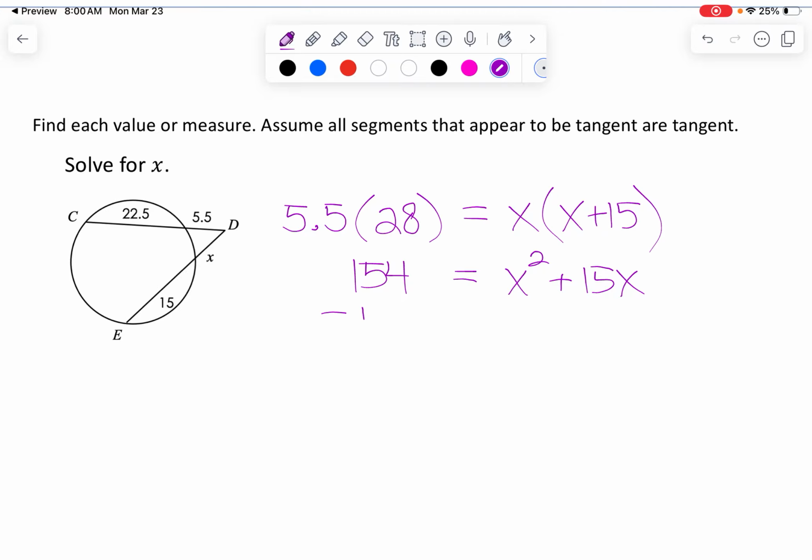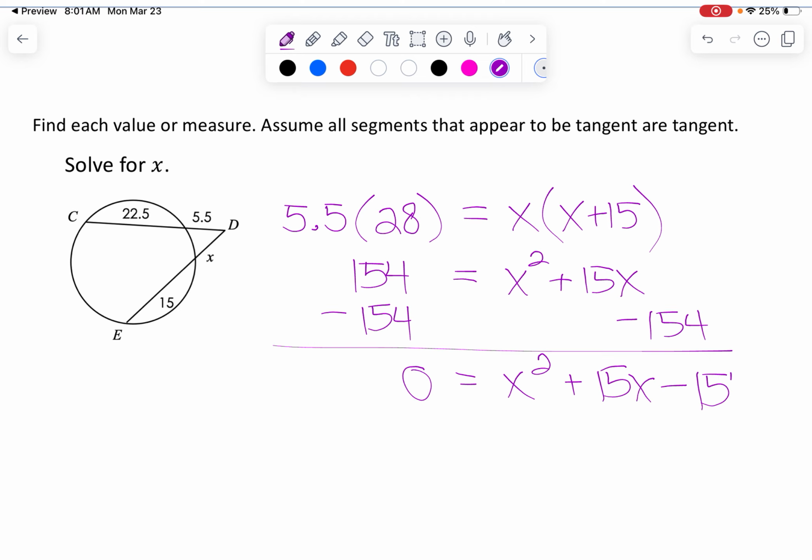So I'm going to set this equal to 0 by moving this over to the other side. So we get 0 equals x squared plus 15x minus 154. Okay, now I've got to factor.